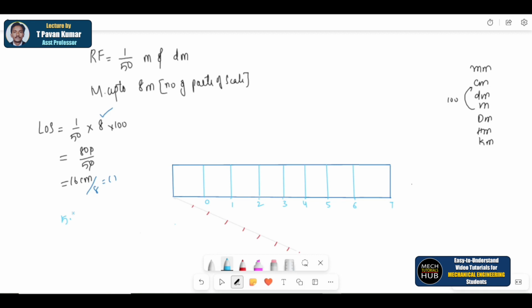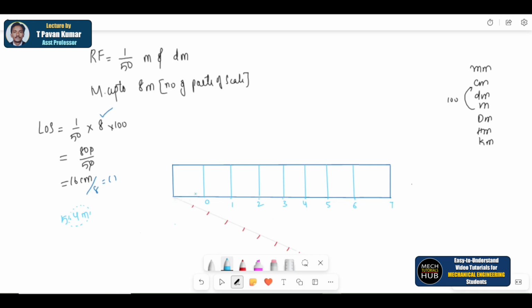If I want to mark a distance of 5.4 meters, that is not possible, because if I start from first division 1, 2, 3, then I can measure only 5 meters or 6 meters, 1 meter or 2 meters, but decimal units can't be measured on the scale. That is the reason I'm starting with 0. I'm calling the first division the subdivisions of the main divisions, or subunits of the main units.